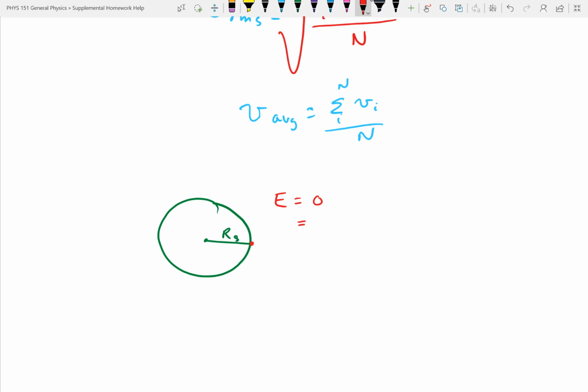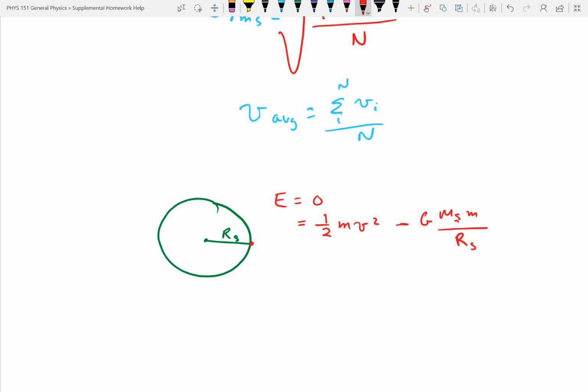You have kinetic energy, 1/2 mass times speed squared, and you have the potential energy, which is minus G mass of the sun, mass of my particle, over the radius of the sun. When that is zero, we have the escape velocity.